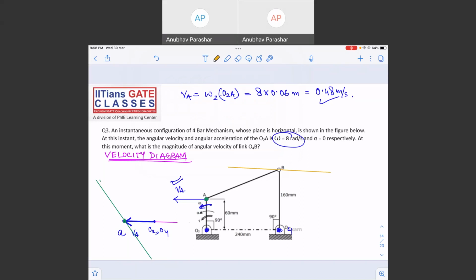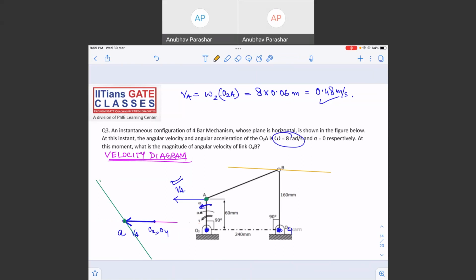So I simply draw a line perpendicular to O4B, passing through O4.